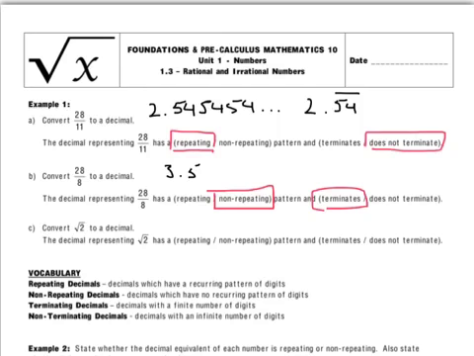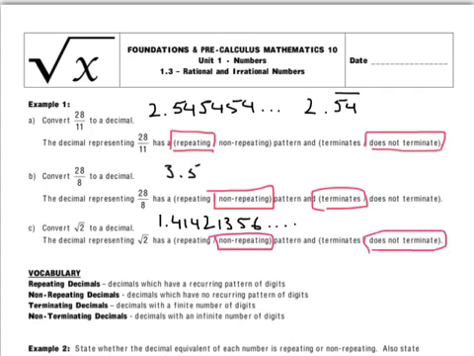Convert the square root of 2 to a decimal, and that would give us 1.41421356 and so on and so forth until your calculator runs out of space. So this square root of 2, when converted to a decimal, is non-repeating. There's no repeating pattern, and it does not terminate.